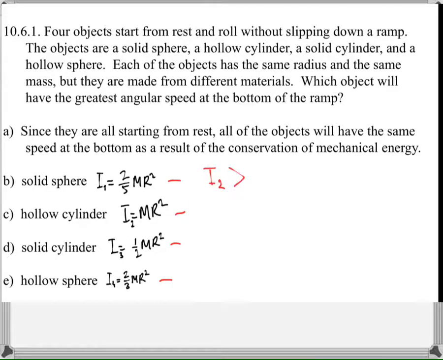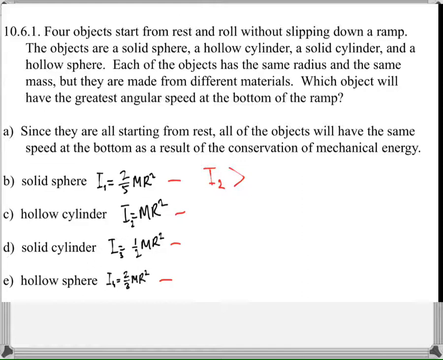So which one comes next? I3 is larger than I1, and what about I1 and I4? Which one is larger? I4 is larger, right?